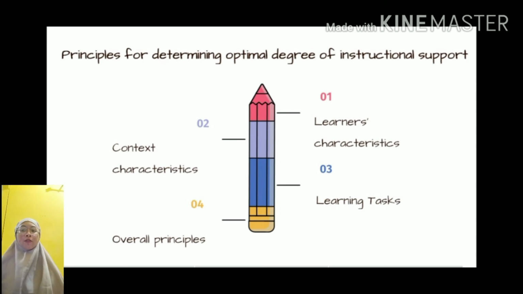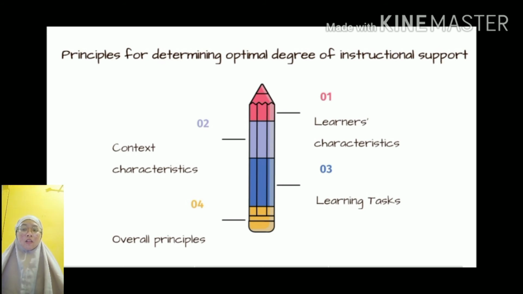The first principle is about learners' characteristics, the most critical factors influencing the effective balance between generative and supplantive approaches. The first is, all being equal, the higher the level of prior knowledge, the more generative the instructional strategy can be.